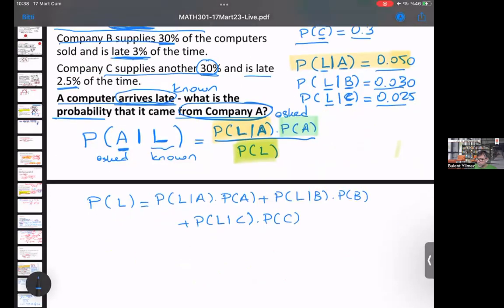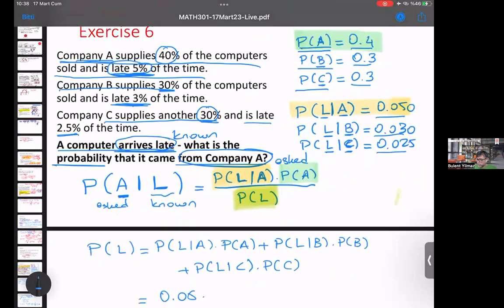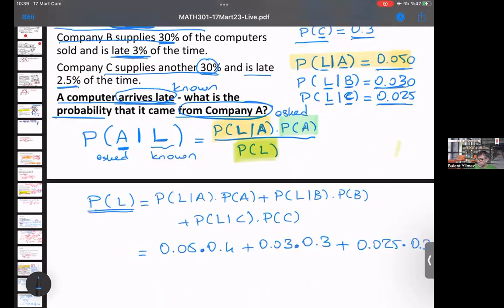It's going to be equal to 0.05 times 0.4 plus 0.03 times 0.3 plus 0.025 times 0.3. I multiplied this with this, this with this, this with this. So in order to find the total probability of a computer being late, it is equal to this.